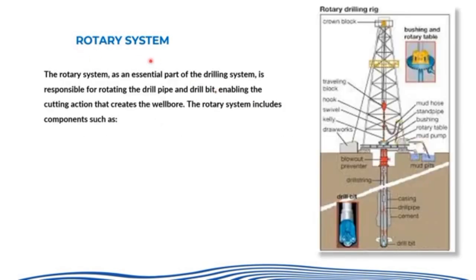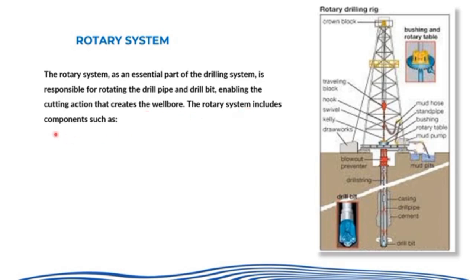The rotary system. The rotary system is an essential part of the drilling system. It is responsible for rotating the drill pipe and drill bit, enabling the cutting action that creates the wellbore.